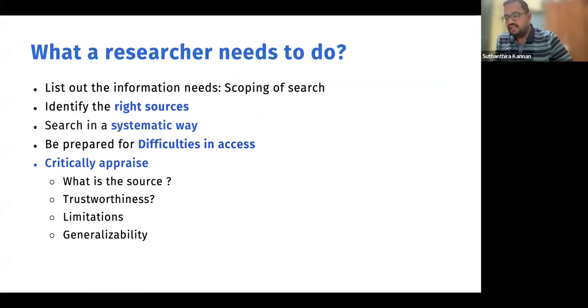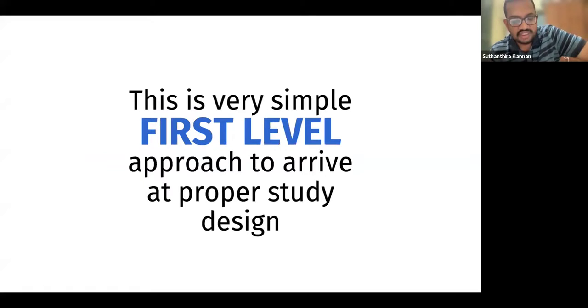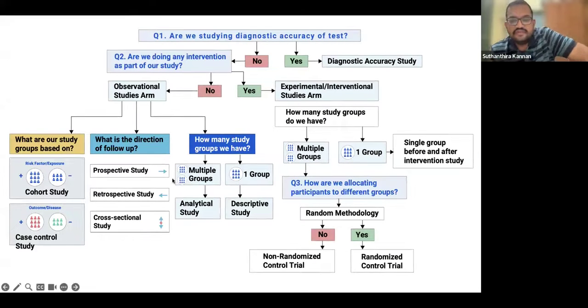Note what difficulties you face while doing the study. And always do critical appraisal. Check what the source is, whether it is a predatory journal or a normal journal, and its trustworthiness and limitations. So this is the very first level approach to provide the proper study design. Okay, so this is a flow chart to decide your study design.